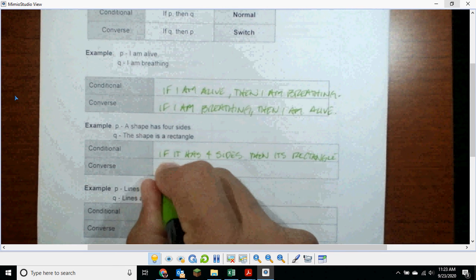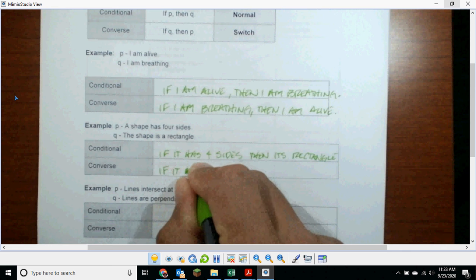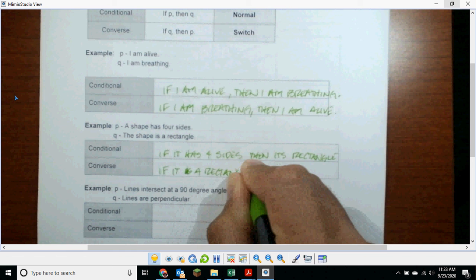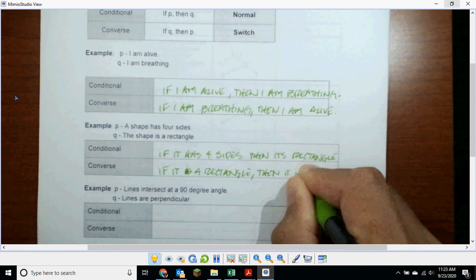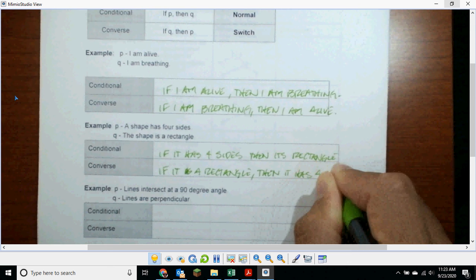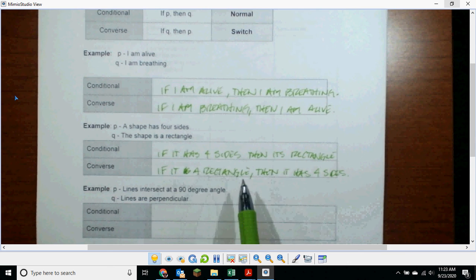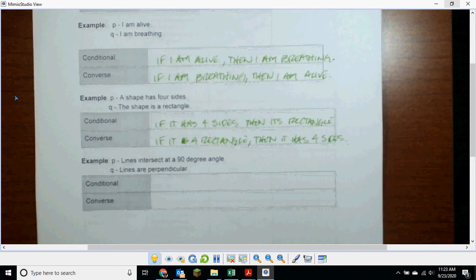But if we consider the converse, if it is a rectangle, then it has four sides. That is true because every rectangle has four sides.